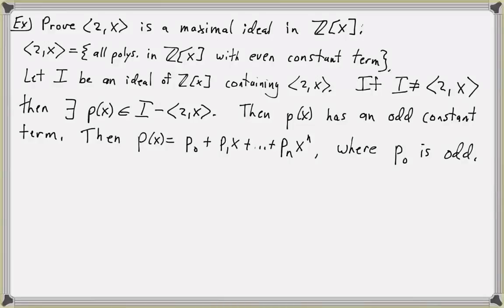Now, if I take off the constant term, every other term of p of x is a multiple of x.